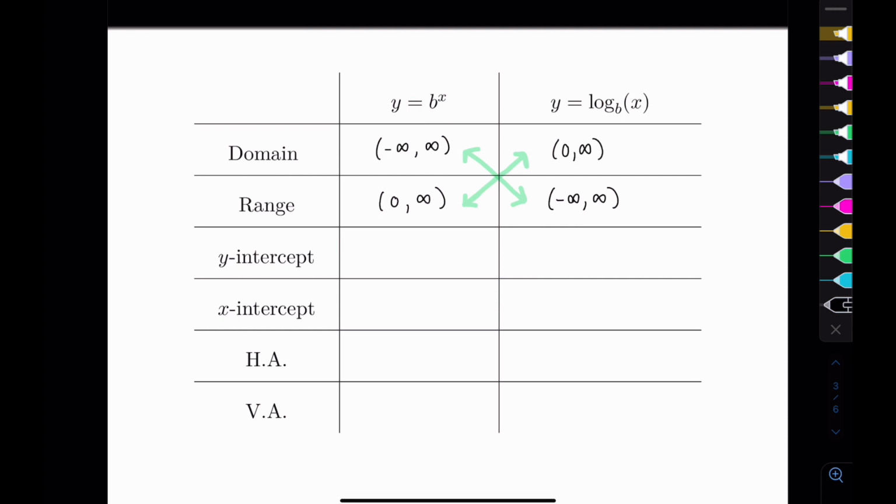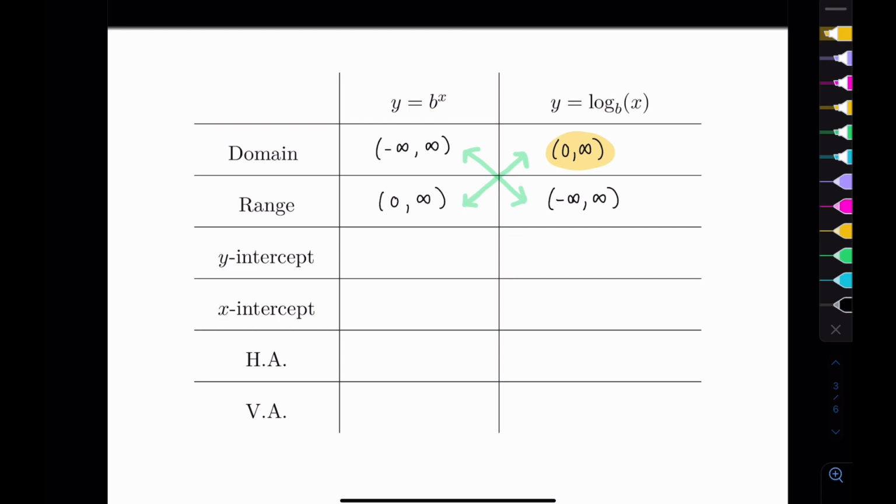This is the thing that is super important. So remember, if you try to evaluate ln of 0 or log of 0, you get an error. If you try to evaluate log of a negative number, you get an error. It's because the domain has to be from 0 to infinity.